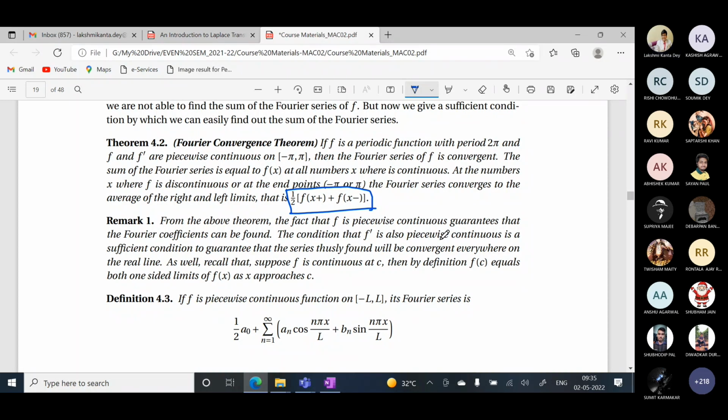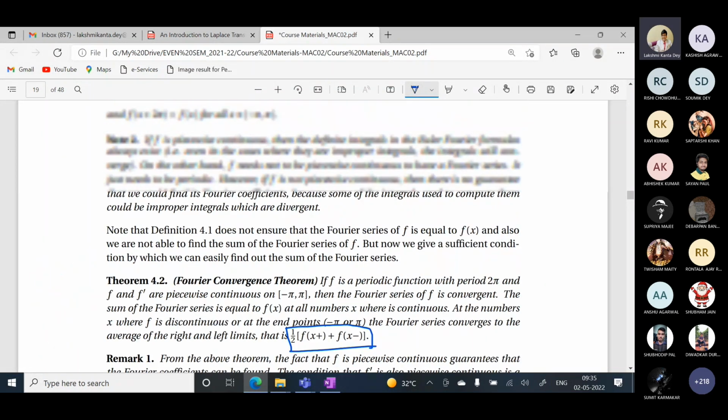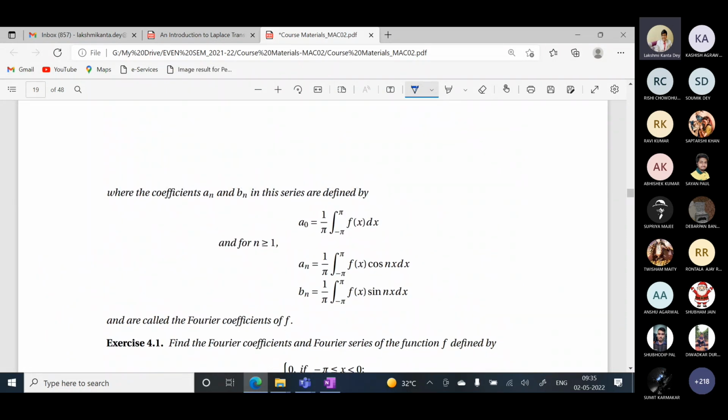We have to be very cautious here: the series is convergent everywhere on the real line, provided f is piecewise smooth. If it is only piecewise continuous, then we can find an and bn, the Fourier coefficients. That means the integral will exist and the Fourier series can be found.